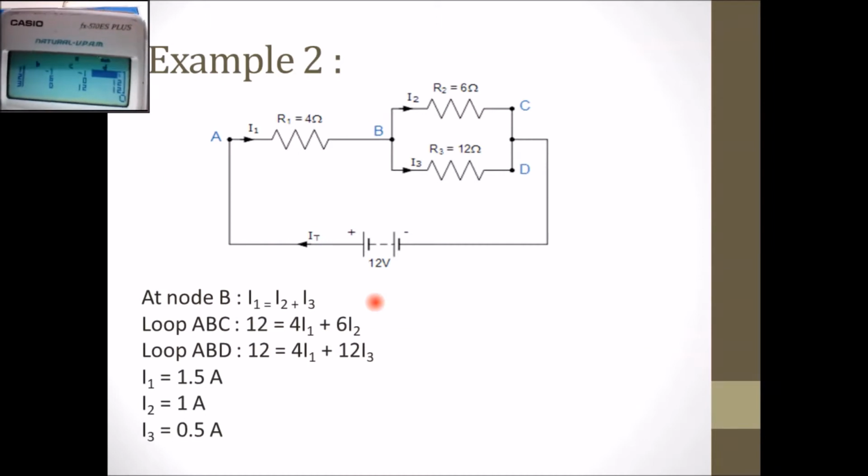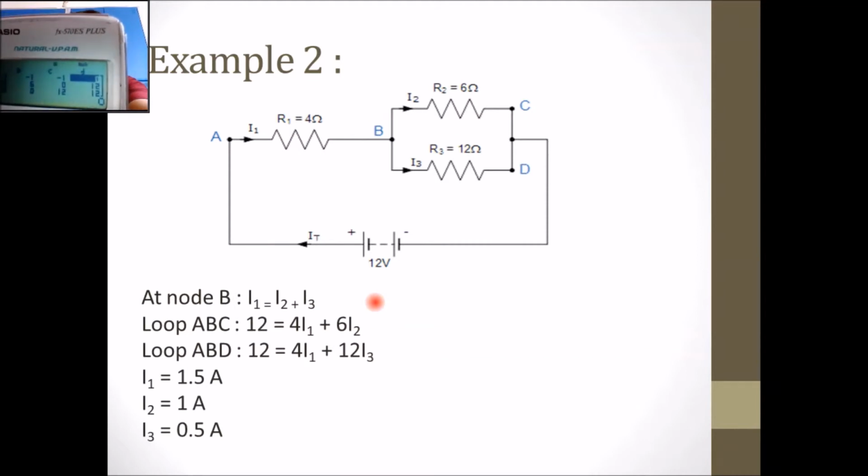For the second equation, 4 I1 plus 6 I2 equal to 12 volt. For the third equation, we will get 4 I1 plus 12 I3 equal to 12 volt.